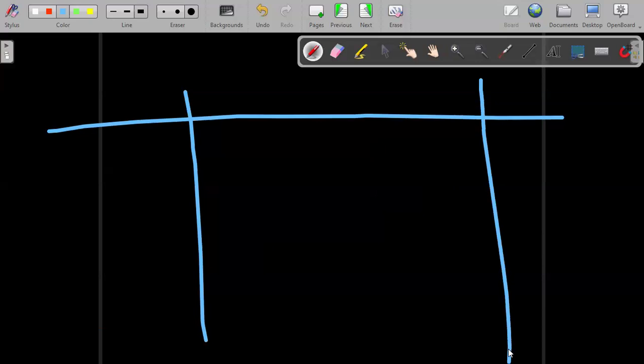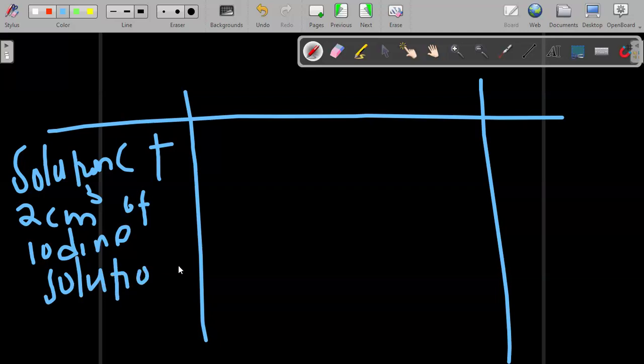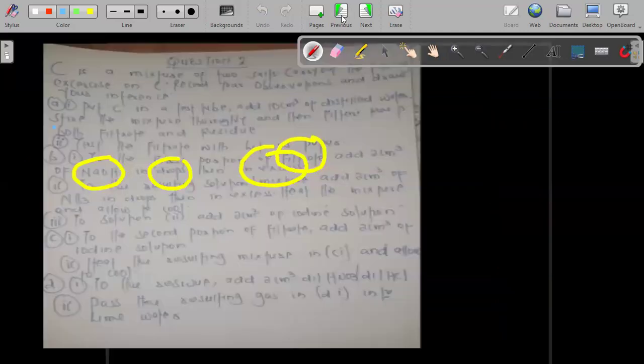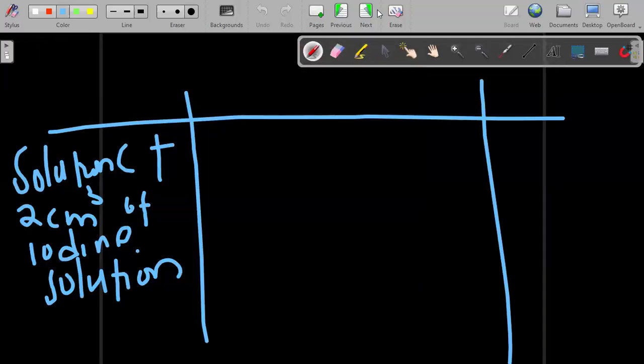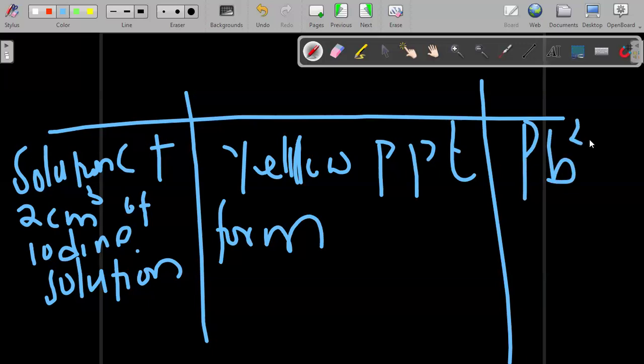So I will say solution C plus 2 cm cube of iodine solution. So what I'm going to see is a yellow PPT form. So in this case, it means that you also write Pb2+ present.